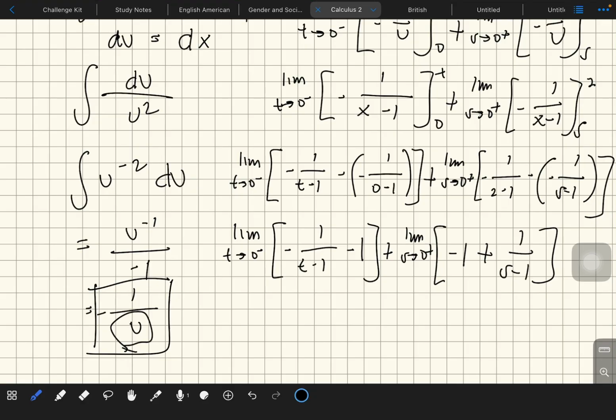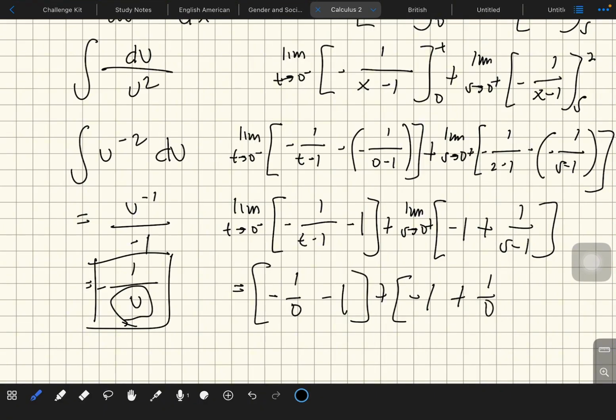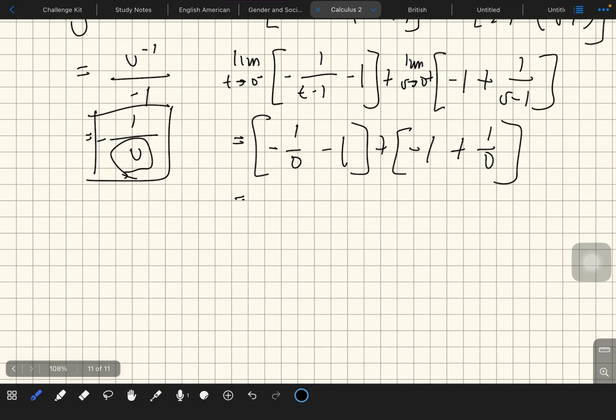So apply the limit. This will become negative 1 over 0 minus 1 plus negative 1 plus 1 over 0. So it is equal to negative 1 over 0 minus 1, which is infinity, plus negative 1 plus 1 over 0, which is equal to infinity.